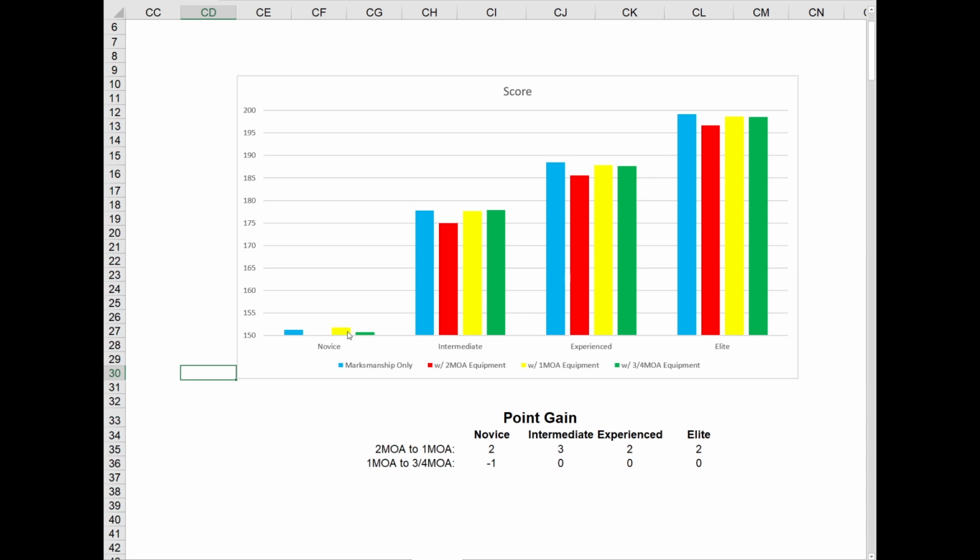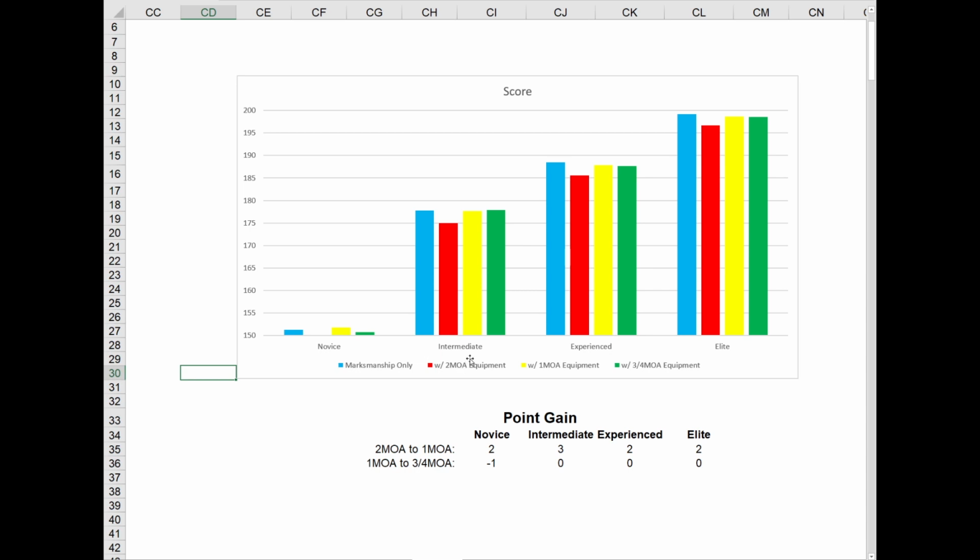They're actually shooting a better score than what they deserve to shoot, and that equipment is delivering that, which is kind of interesting. And then with the 3/4 minute of angle equipment, they're back to shooting a 151. So there's no gain from their marksmanship with the 3/4 minute of angle equipment.